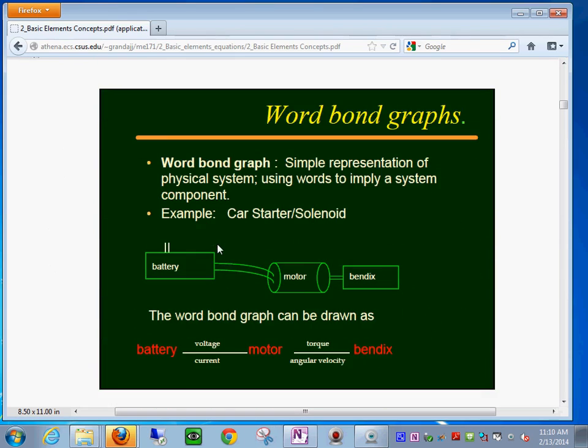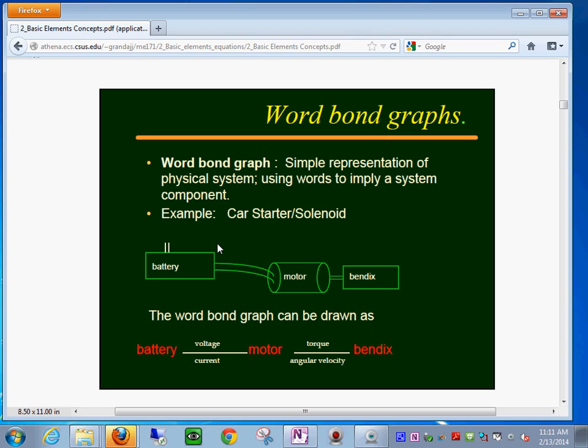Okay, let's go on. Let's start assembling something here, and at the same time try to understand how these variables relate into the system. One way that bond graphs have been perfected is that those who came after Professor Paynter produced a simple notation called word bond graph.